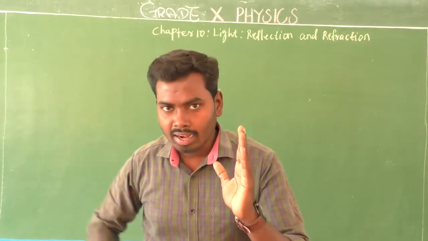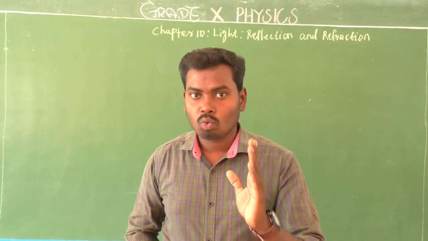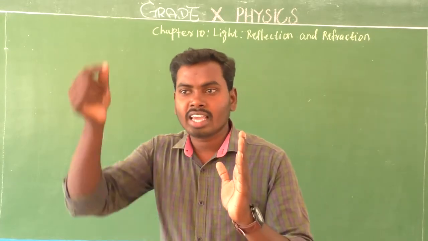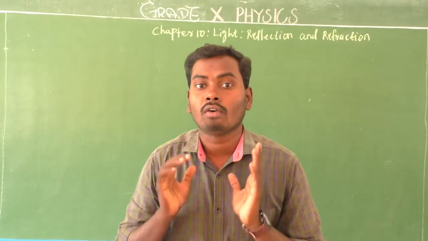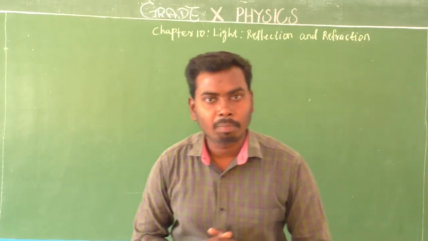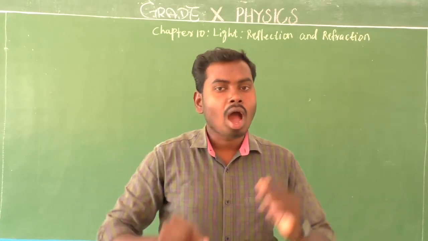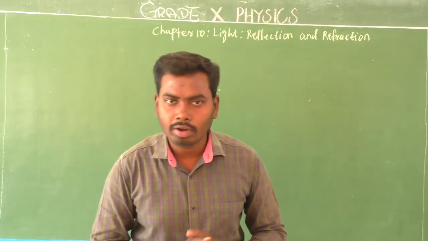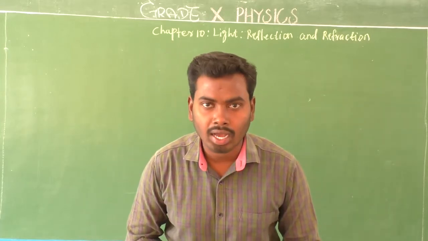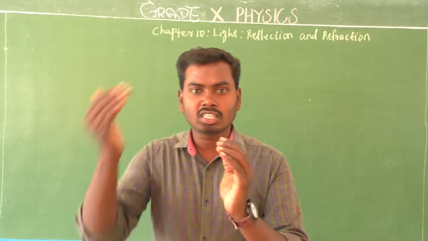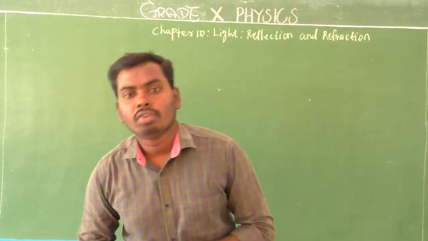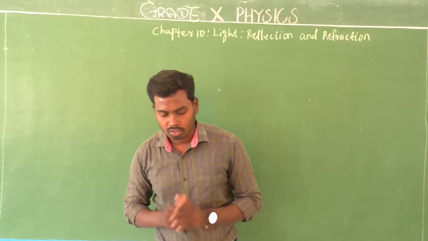Is it clear? Finally, my one very important point: the real image changes into a virtual image when the object is placed between the optical center O and the focus. Is it clear? Real images change into virtual images. Yes, very important.